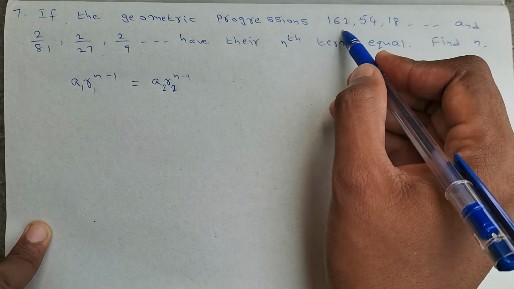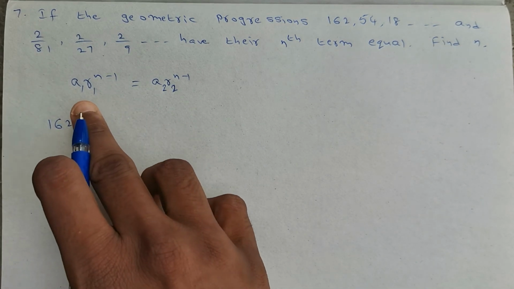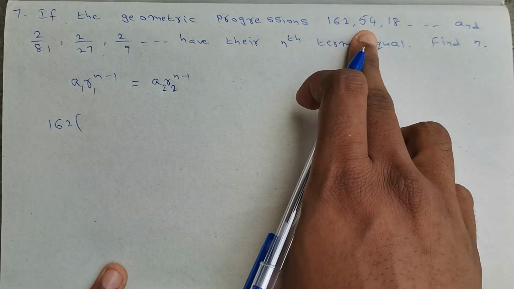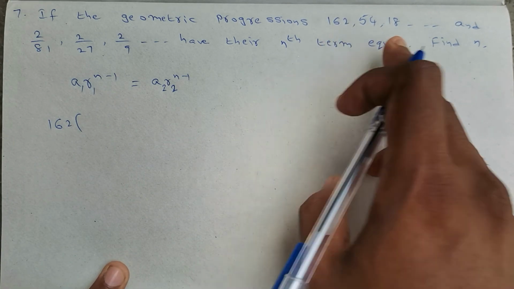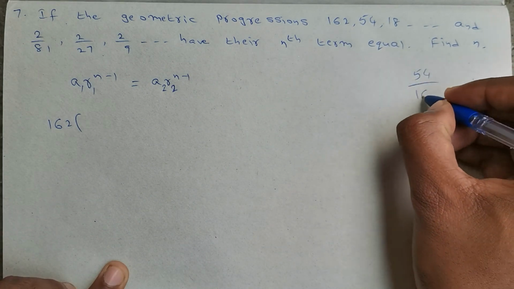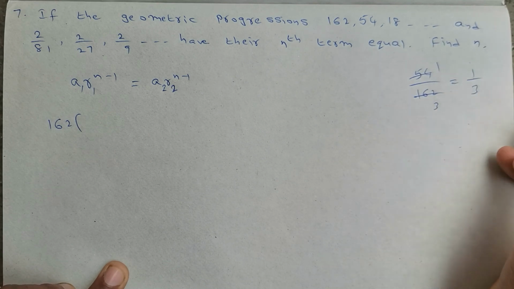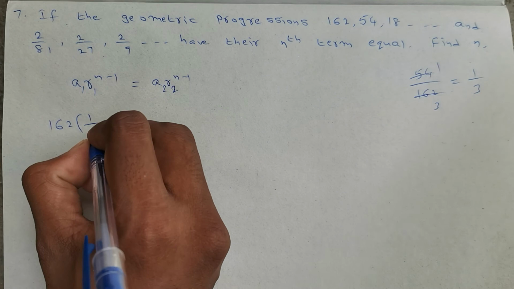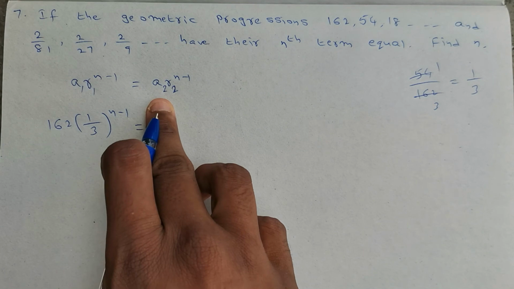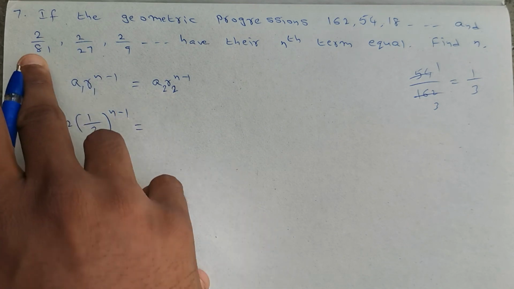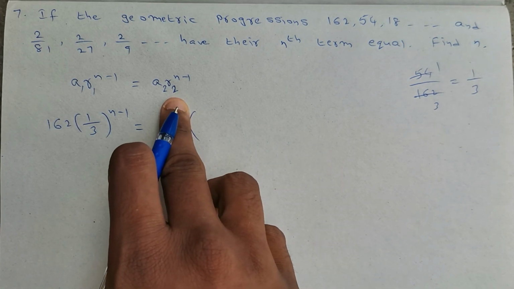Here, first term is 162 into R1, second term divided by first term, 54 divided by 162. 54 ones are 54, threes are, which is nothing but 1 by 3. 1 by 3 whole power n minus 1 is equal to, next A2, the first term from the second progression, 2 by 81 into R2, the common ratio of the second GP.